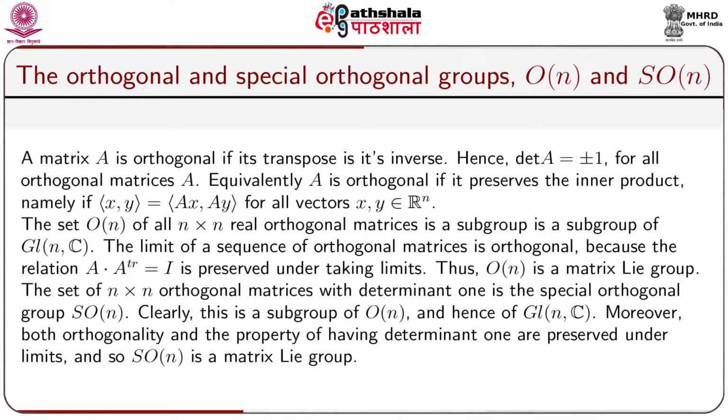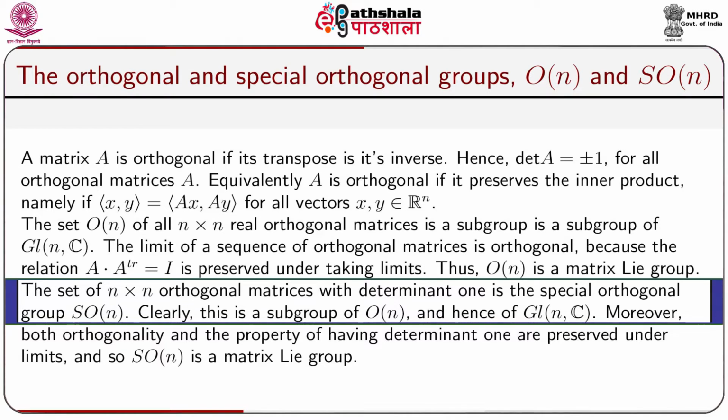Now, since all members of the sequence are orthogonal, we have that A_n transpose A_n is the identity for any member of the sequence, and therefore, if we take the product of the limits, that is also the identity. So, the limit is also an orthogonal matrix, therefore the limit is in O(n).